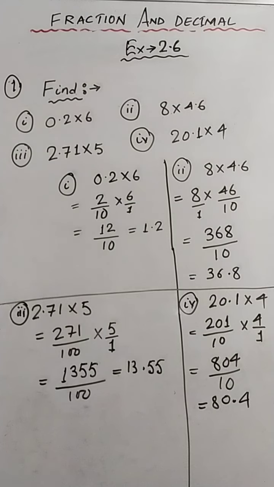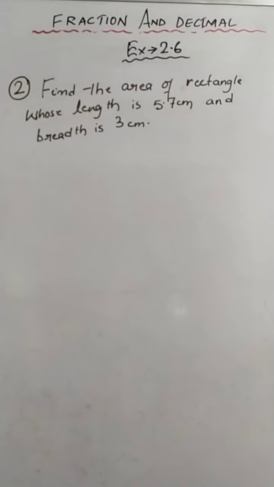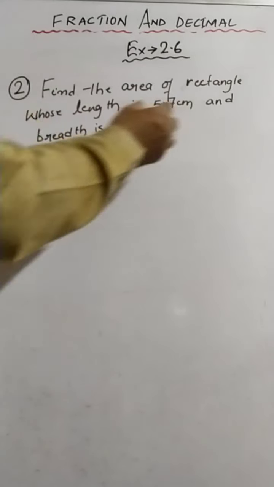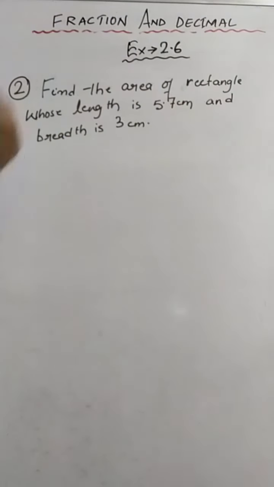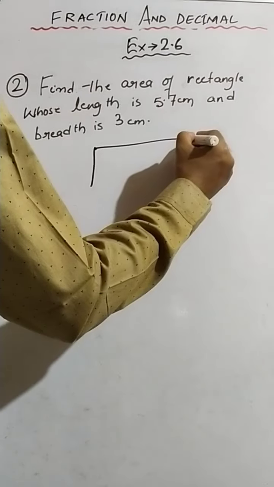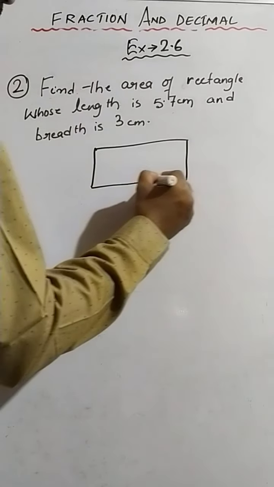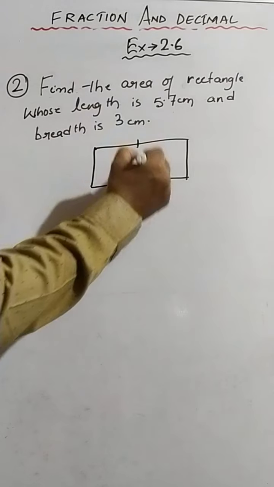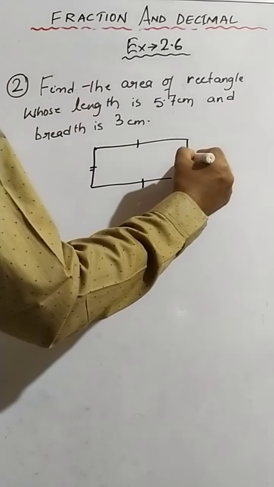Now let's see what is there in question number 2. Find the area of a rectangle whose length is 5.7 centimeter and breadth is 3 centimeters. Let me just draw one rectangle first. This is a rectangle where opposite sides are equal, as we know.